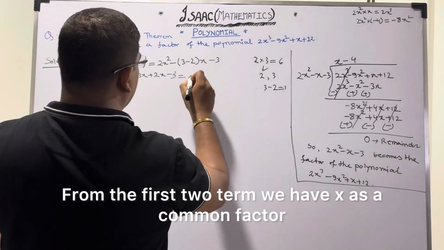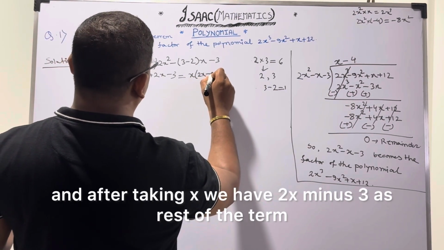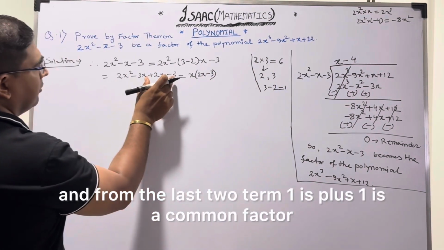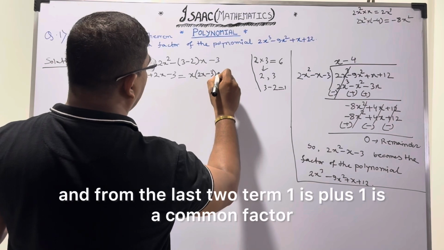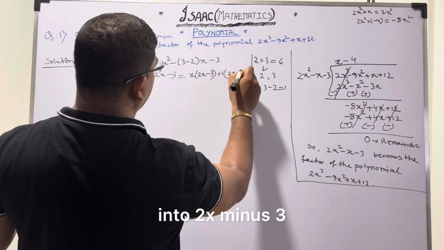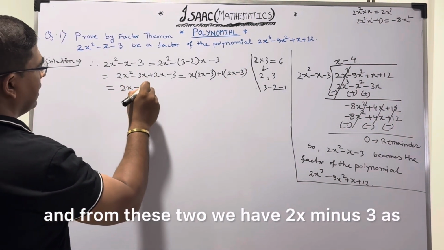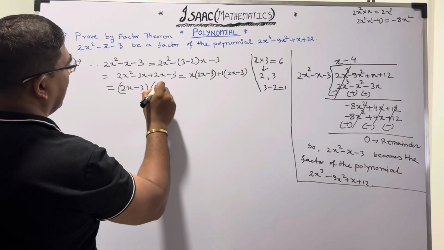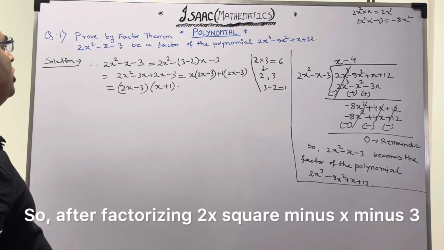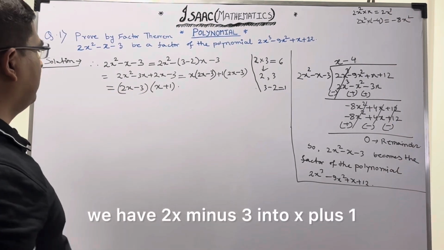From the first two terms, x is a common factor, leaving 2x minus 3, and from the last two terms, 1 is a common factor, giving 1 into 2x minus 3. Then 2x minus 3 is a common factor, and the rest becomes x plus 1. So after factorizing, 2x square minus x minus 3 equals 2x minus 3 into x plus 1.